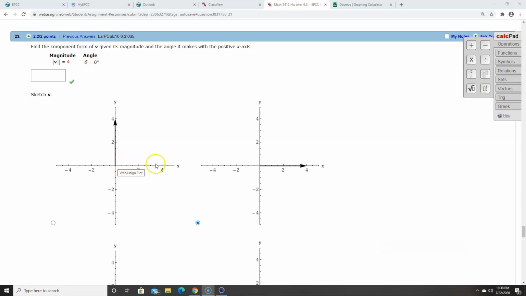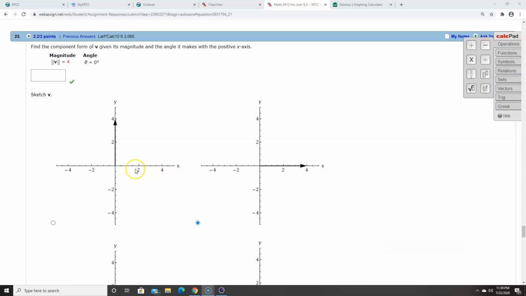Don't turn. You're still looking out that way, and now you walk whatever the magnitude is, 4 units long, so 1, 2, oh, these are not 1, so it's 2, 4, so it's right here.